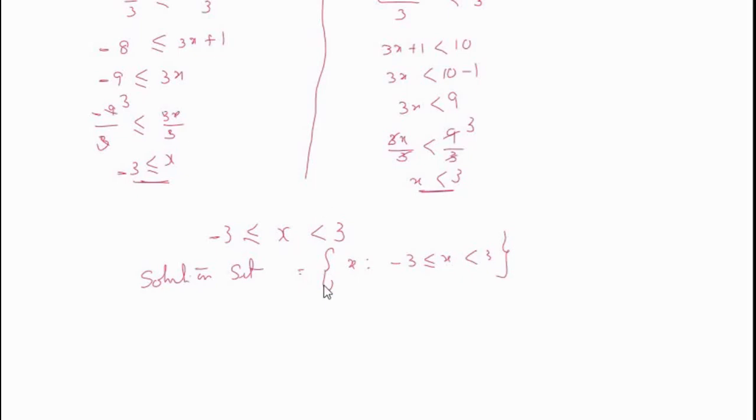Value of x will differ depending upon whether x belongs to the number set of natural numbers, whole numbers, integers, or real numbers. Depending upon which number set x belongs to, the solution set also differs.